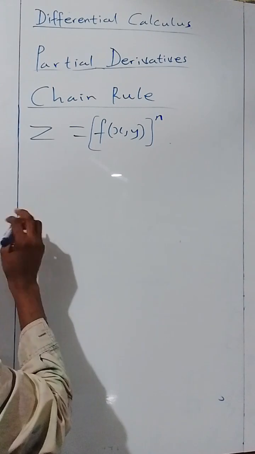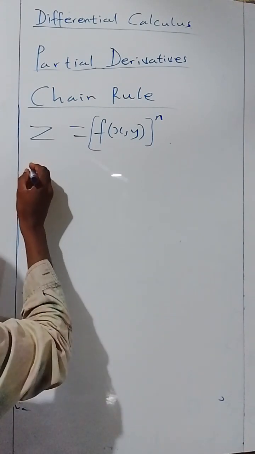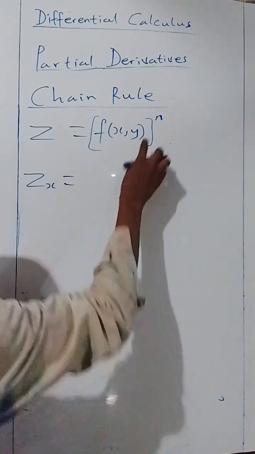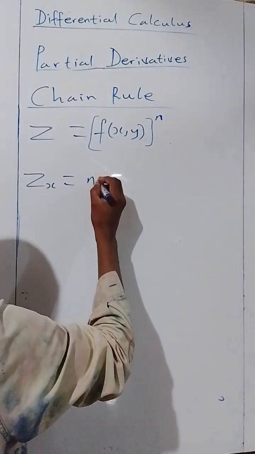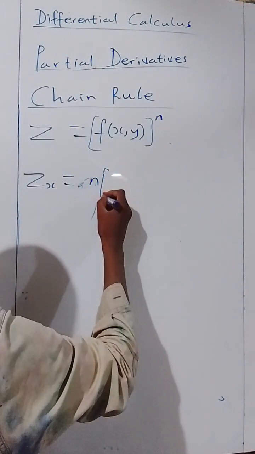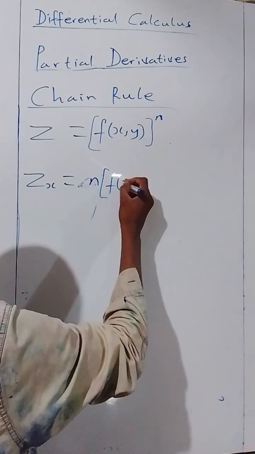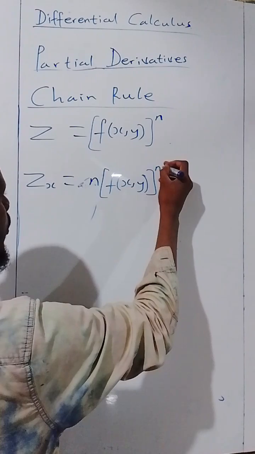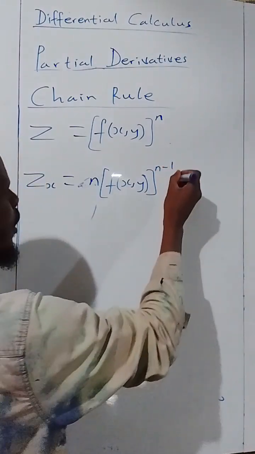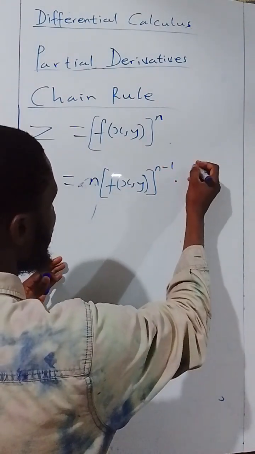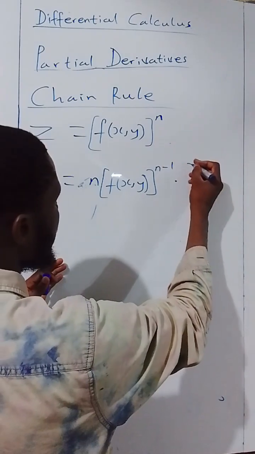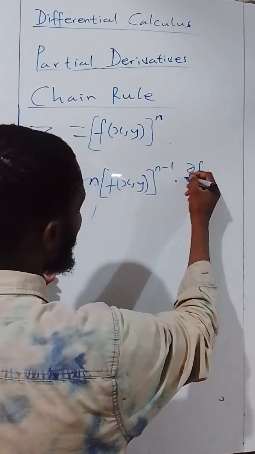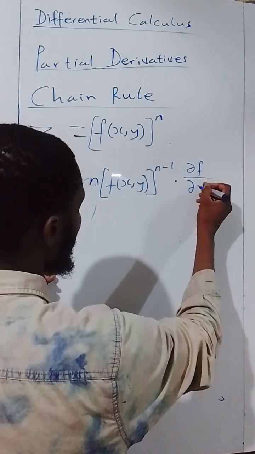It's very simple. The chain rule states that the partial derivative of z with respect to x will be equal to: you bring down the power, that is n, and you multiply it by the original function, f of x, y. Then you subtract 1 from the power, then you multiply by the partial derivative of this whole function f with respect to x.